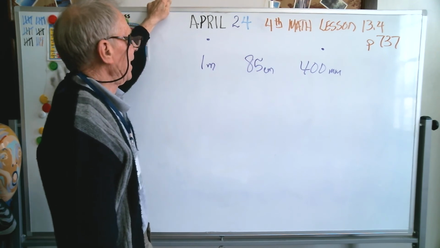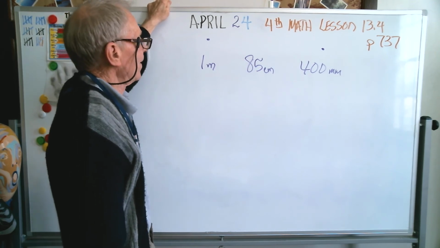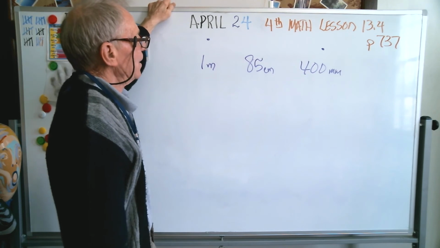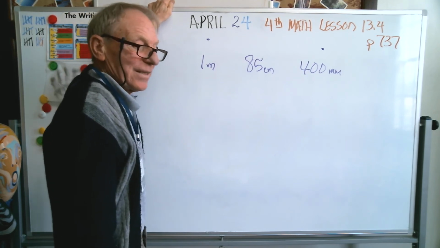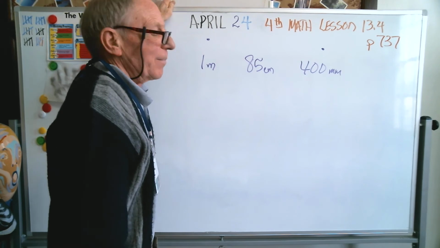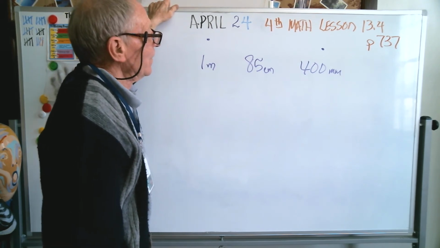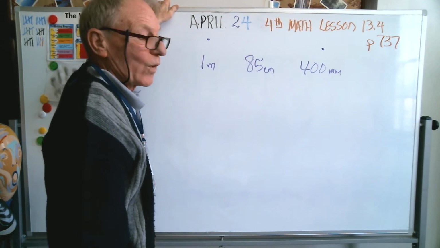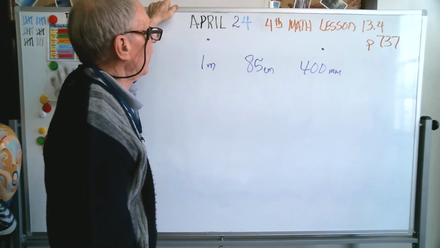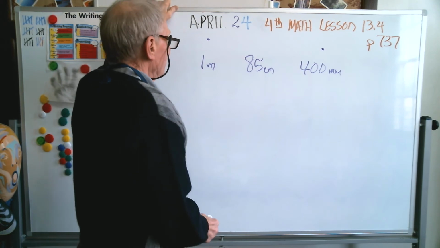So if we got 85 centimeters, it's going to take centa means 100, milli means 1,000. So we're going to move our decimal point 2 places.